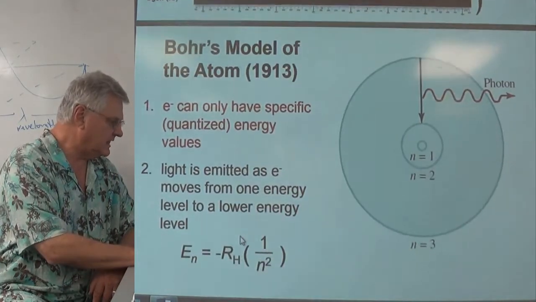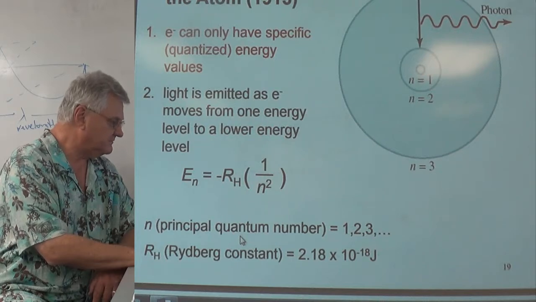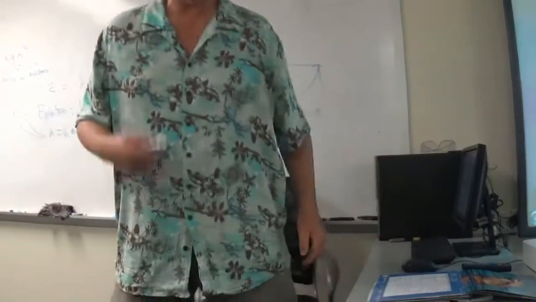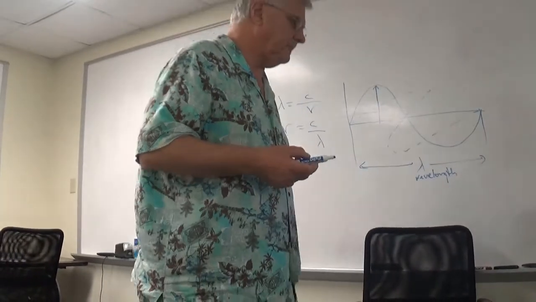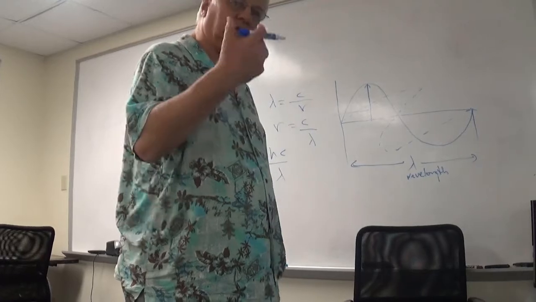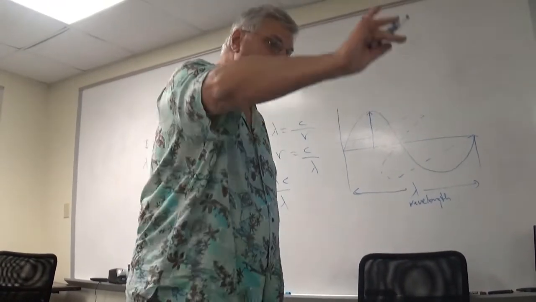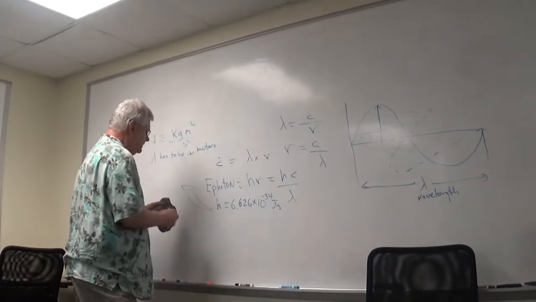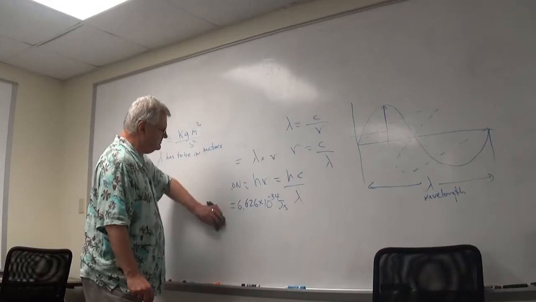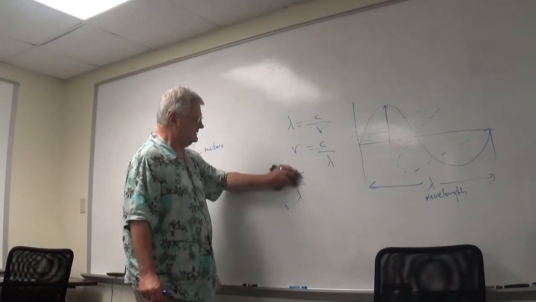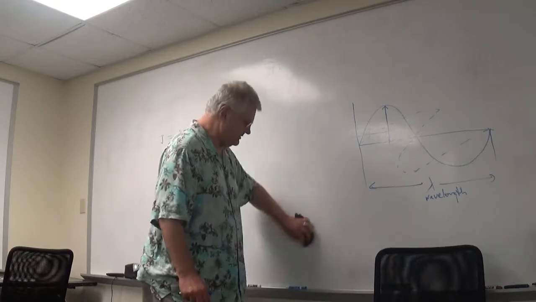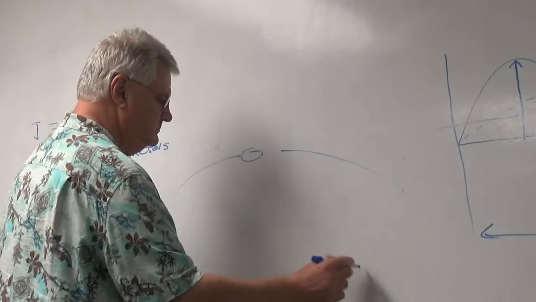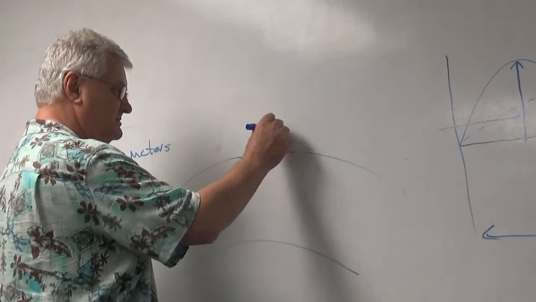In studying the line emission spectrum of hydrogen, this was a very simple equation that resulted from studies of hydrogen when it was excited, by analyzing all the different wavelengths of photons that were given off. Just to be reminded, if an electron is in an excited state in a higher energy orbital, here's an electron, and sometimes chemists use an asterisk.